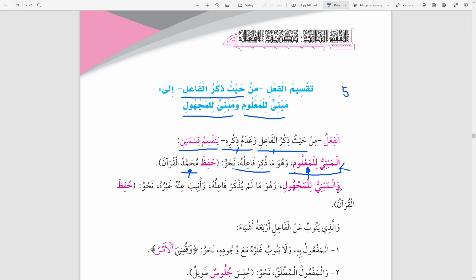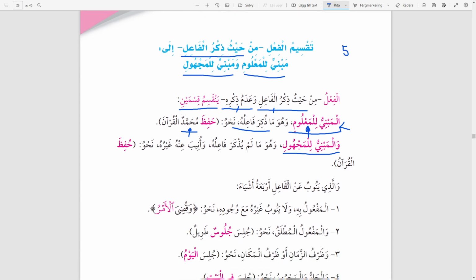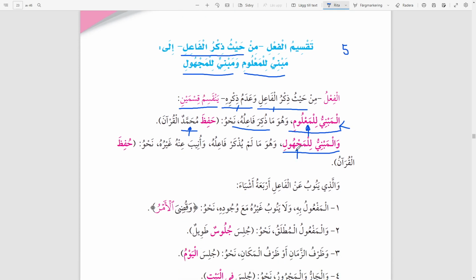المبني للمجهول, on the other hand, is what has been expressed as the actor being unknown. وهو ما لم يذكر فاعله, and it is what the actor of which has not been mentioned. وأنيب عنه غيره, and something else takes its grammatical place.